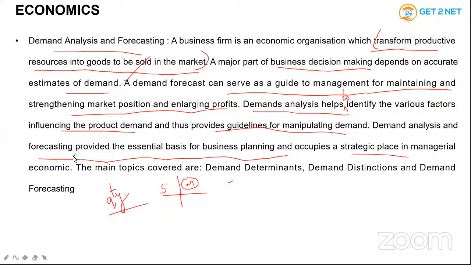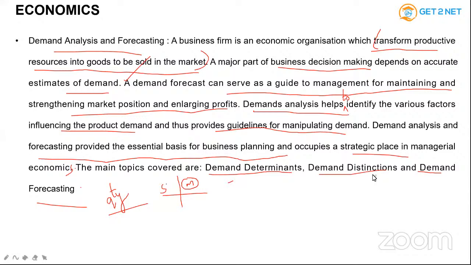in managerial economics. So the main things that are going to be covered under demand analysis and forecasting in managerial economics are demand determinants. We will find out the demand determinants. We will find out the demand distinctions, and we will go for demand forecasting. In the later part, we will be discussing the techniques of demand forecasting.